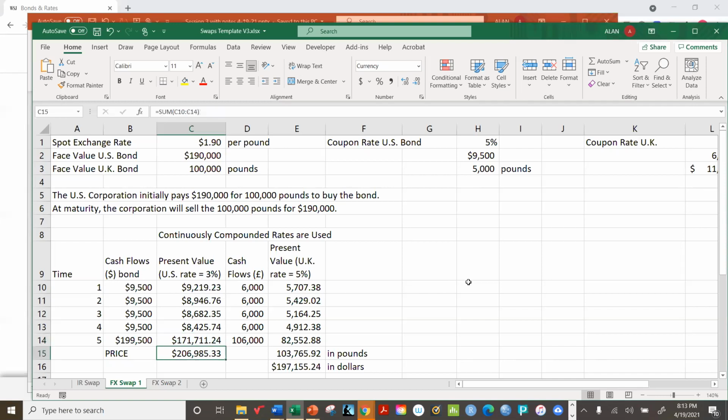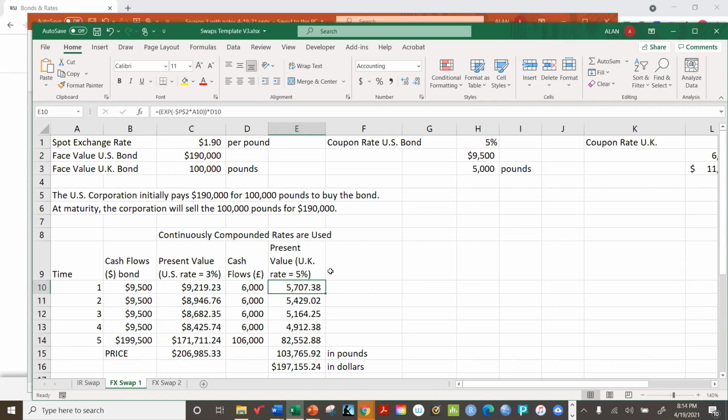So right now, the market price of this bond is 206,985.33. The corresponding British bond has coupons of £6,000 per year. At the end, we get our principal back of £100,000 plus one final coupon payment.